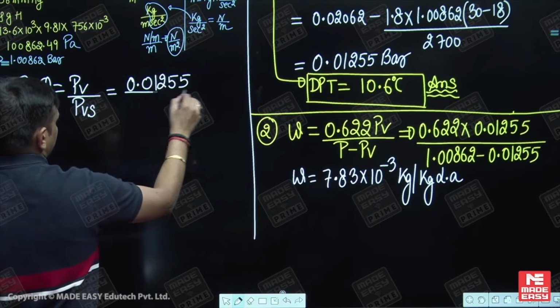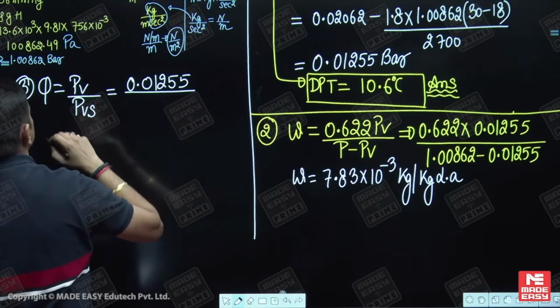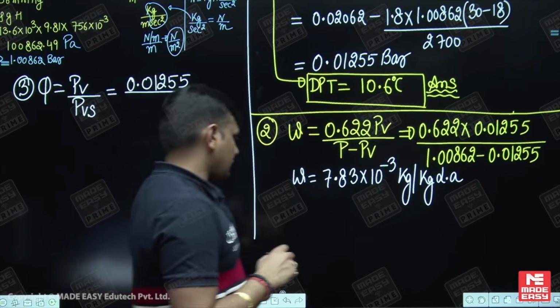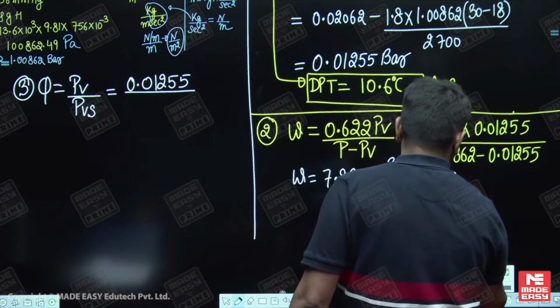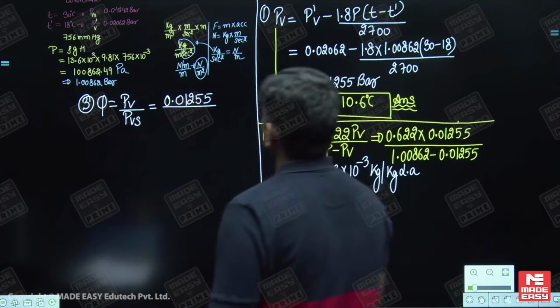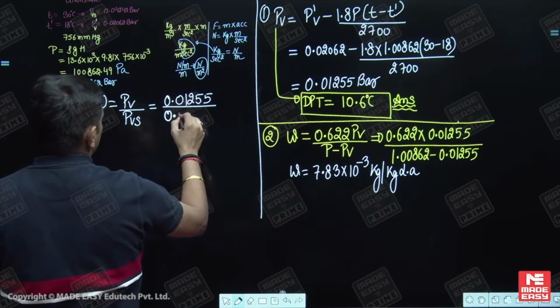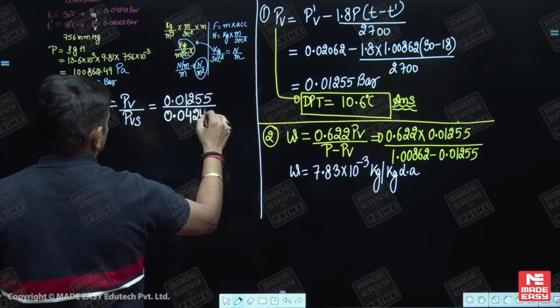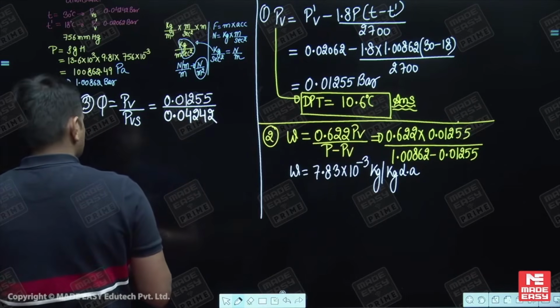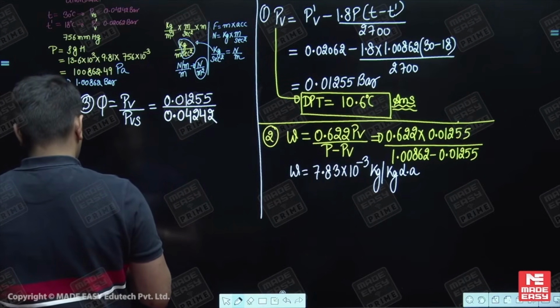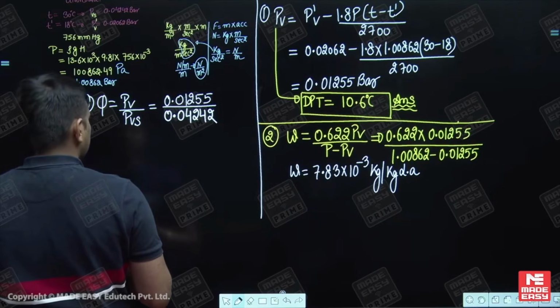0.01255, we have already calculated. And PVS corresponding to the dry bulb temperature is given as 0.04242. So you will get the answer in percentage terms; just multiply by 100.